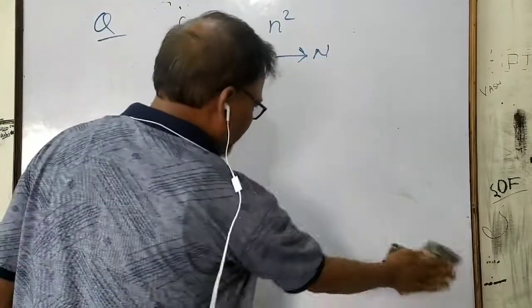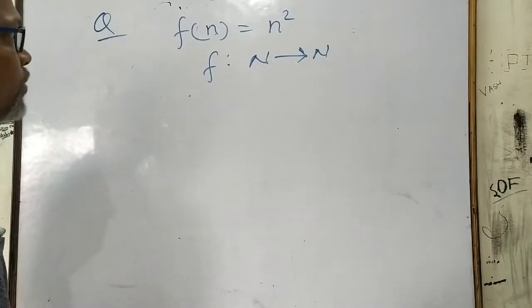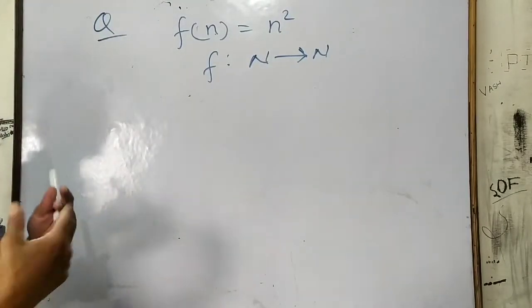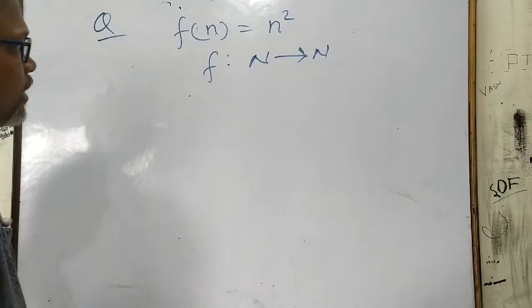What is the meaning of injective? Injective means a one-one function, and bijective means both one-one and onto.